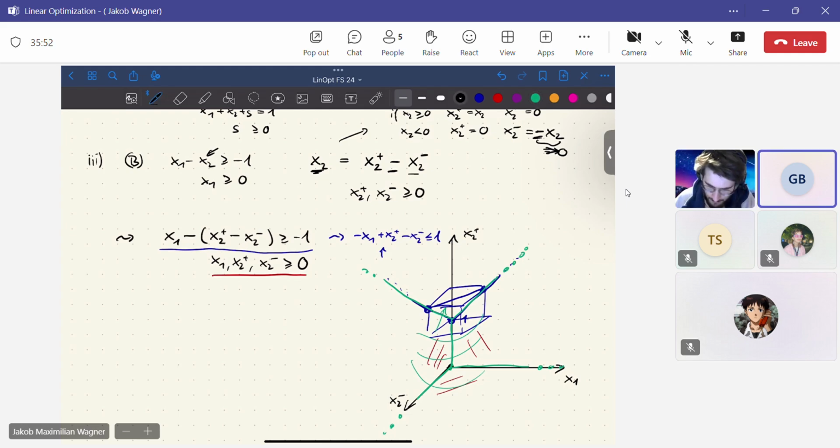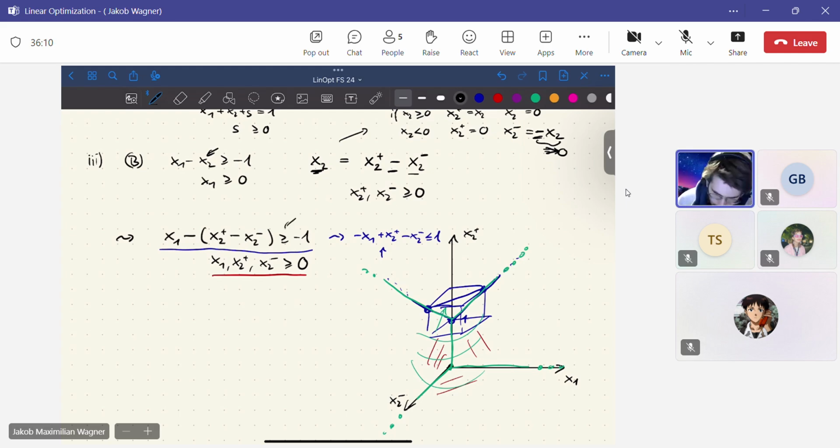So we are reducing our optimization problems that have inequality constraints to problems where every variable is non-negative. Our goal is to reduce the problem to variables that are all non-negative.